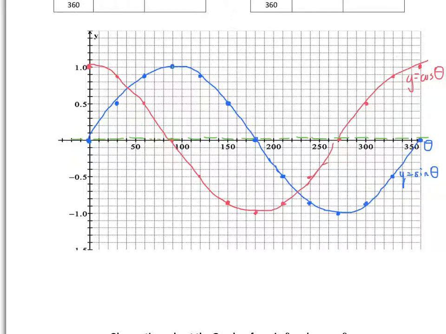Okay, but in this case, it is the x-axis. Okay, so that would be the axis of the curve. The distance from the maximum point down to the axis, or from the minimum point up to the axis, is called the amplitude.